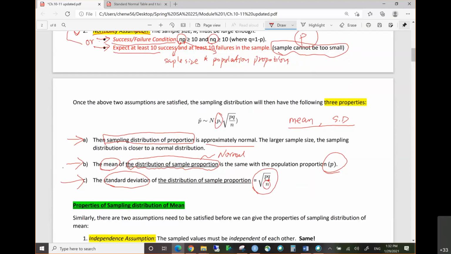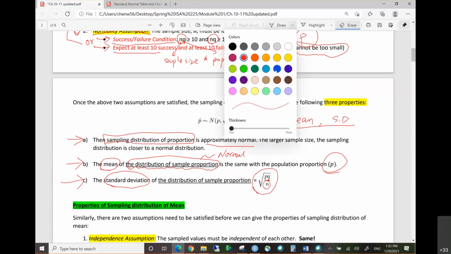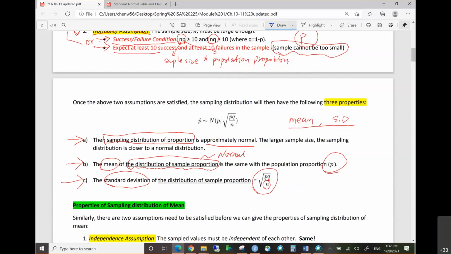All right, now we have all three properties combined together, so we have this shortcut. Once these two assumptions are both satisfied, the sampling distribution of proportion will follow a normal distribution with two parameters.